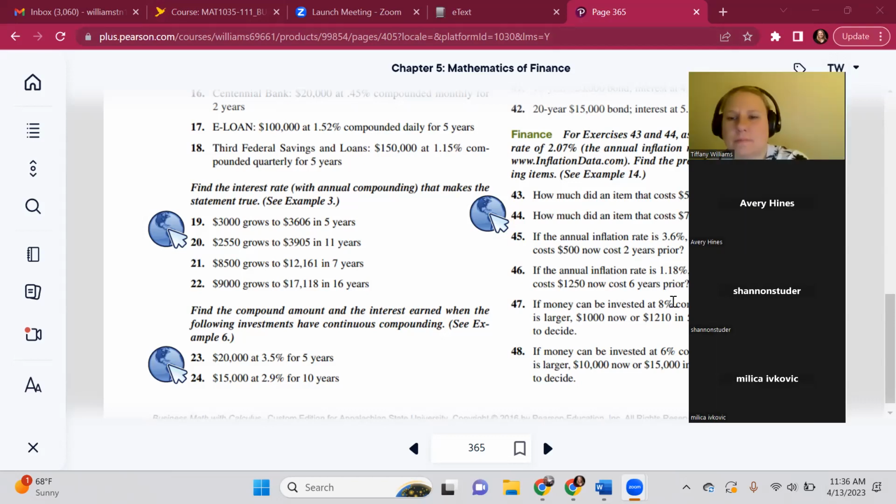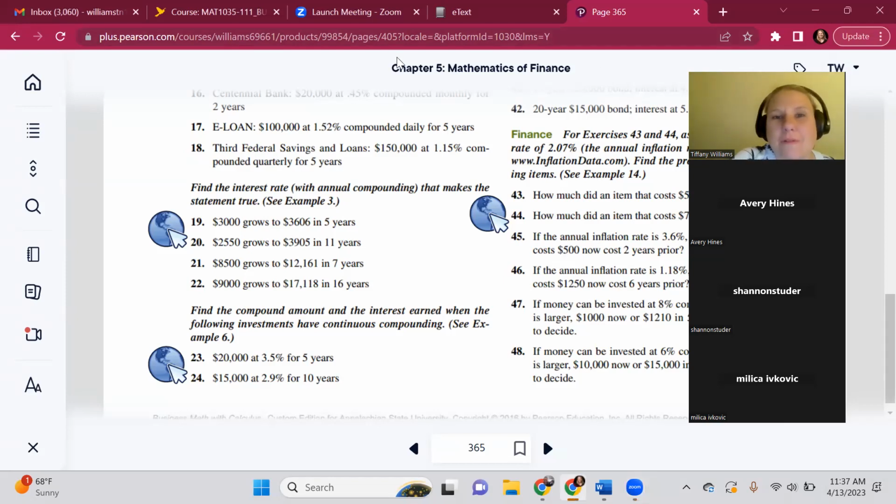That would be the initial rate, right? Yep, that's perfect. So that's going to be our P. So what's the 3905 represent? The number after the interest rate and the time. Yeah, so that's going to be the amount that we end up with. That's perfect, Milika. So that's actually our A value.